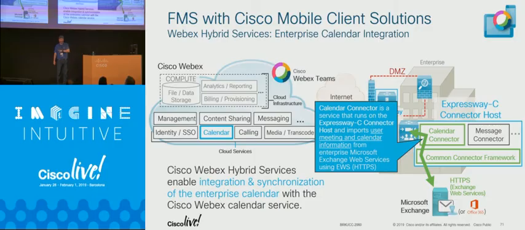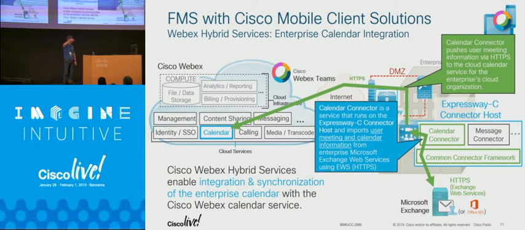So it's going to take user information, meeting information from Microsoft Exchange or O365 using HTTPS. It's going to pull that information into the calendar connector. The calendar connector is then going to take that information and use HTTPS to push it into the cloud, into the calendar service there in the cloud.